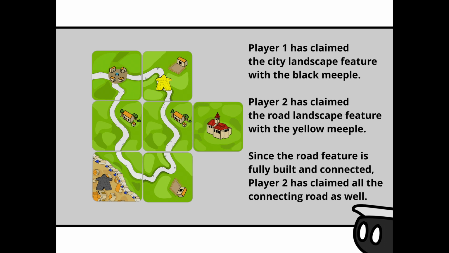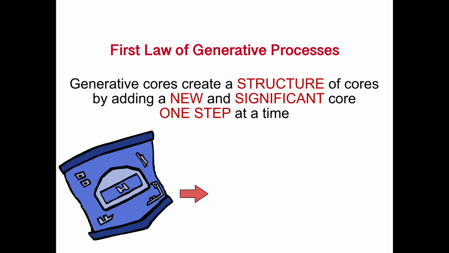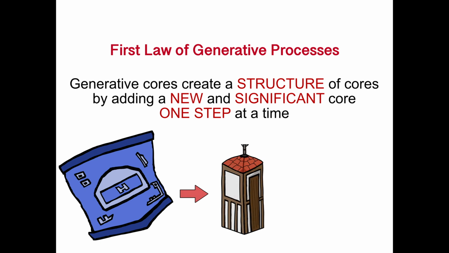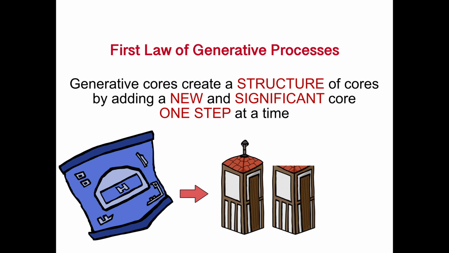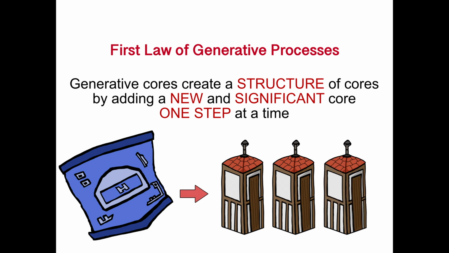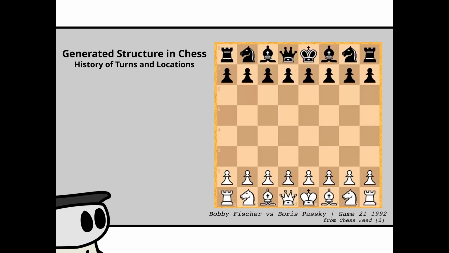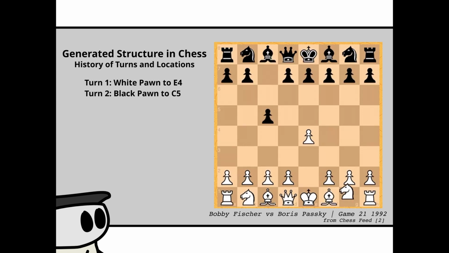After the landscape feature has been completed by being fully built, players gain points depending on the type of landscape feature and its size. So, going back to the 3 laws of generative cores, the first law states that generative cores create a structure by adding a new and significant core one step at a time. One of the generative cores of chess is the action of moving a chess piece, as every time a player moves one of its pieces, something new is added to the match.